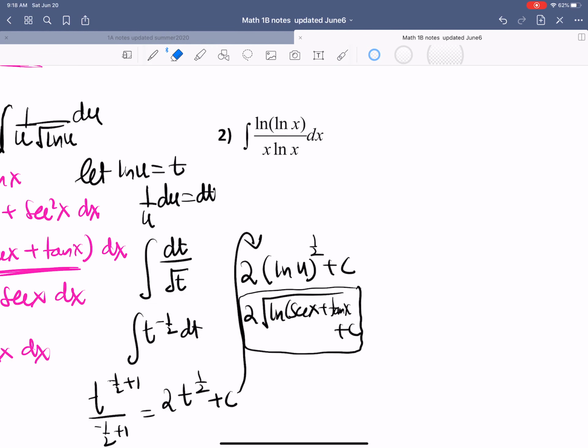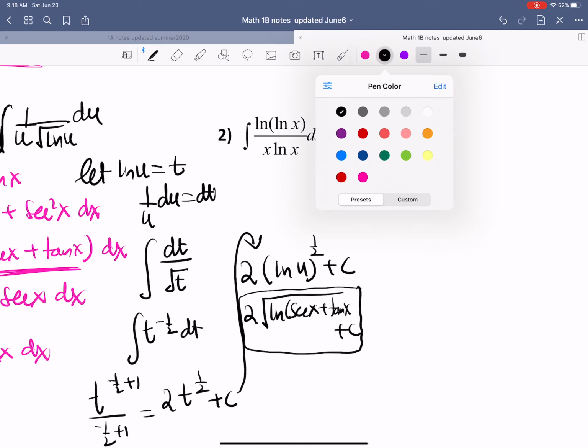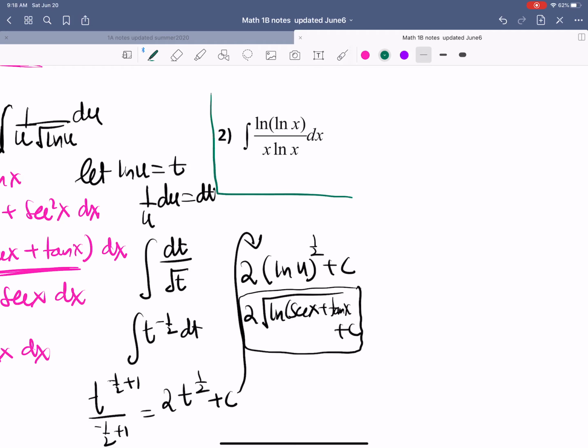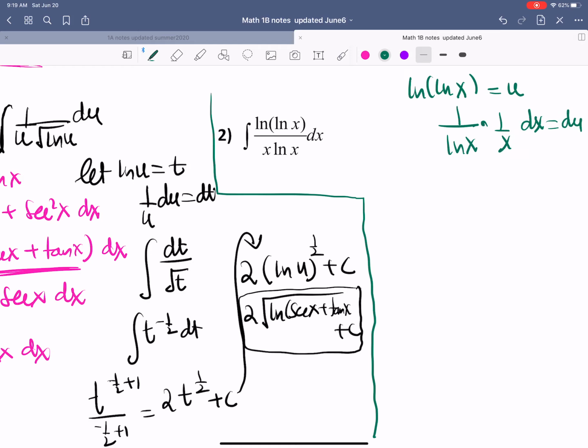Problem number 2. Natural log of x over x natural log of x. So let's see. Maybe I should use a slightly different color for this problem. I'm going to use green for this problem, just so that the two remain separate. In this case, I'm going to start by calling natural log of x as u. That means 1 over natural log of x times 1 over x dx will be equal to du.